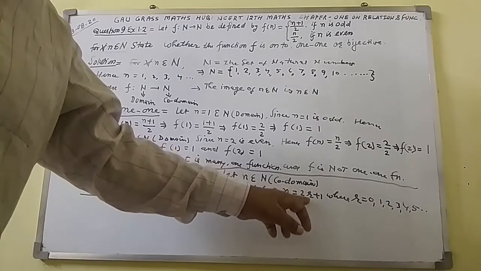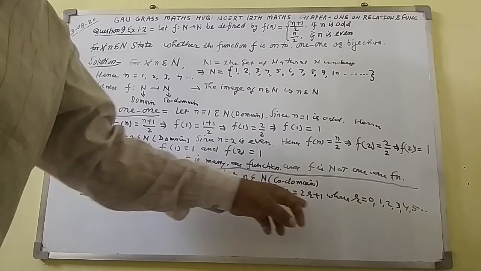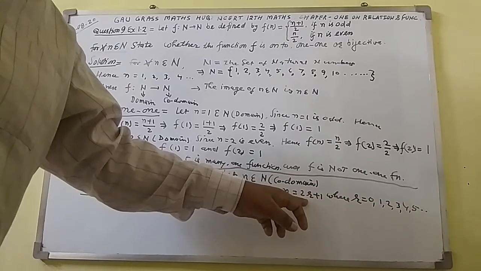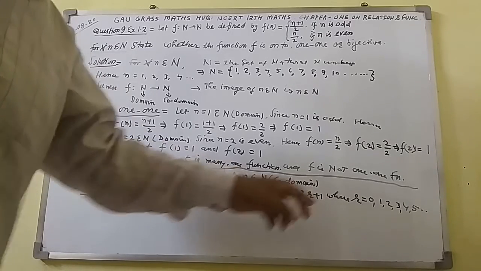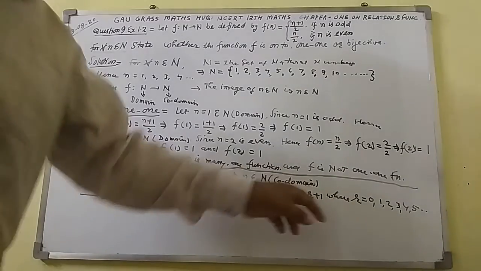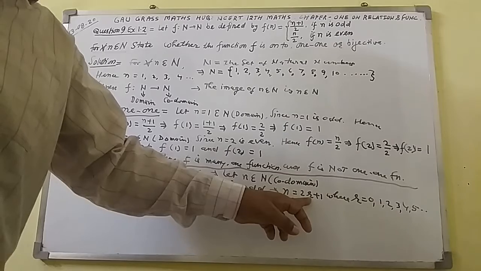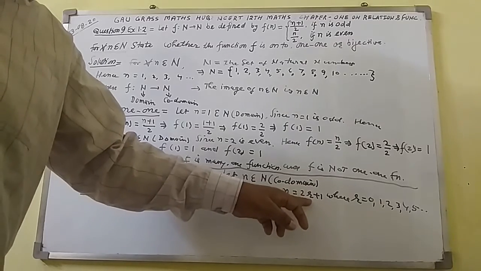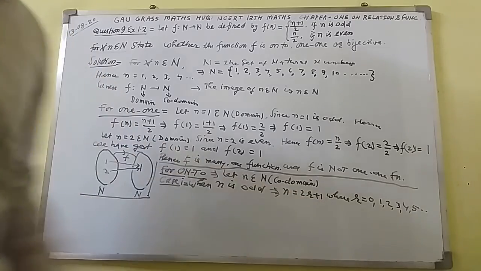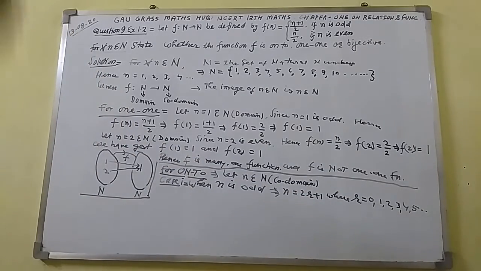If you put the value of r equal to 0 here, 2 will multiply to 0. It will become 0 plus 1, you will get n equal to 1. The n will be odd. If you put the value of r equal to 1, 2 will multiply to 1, you will get 2. 2 plus 1, you will get 3. 3 will be odd.